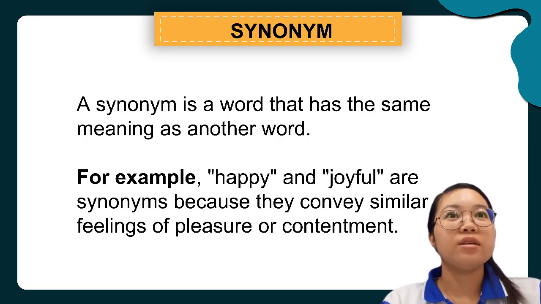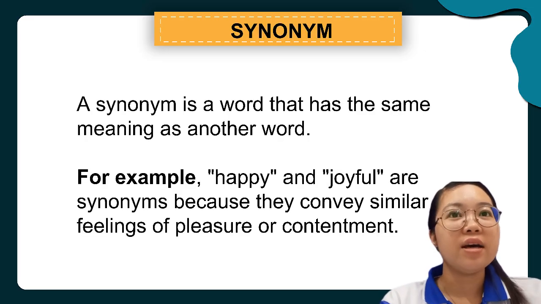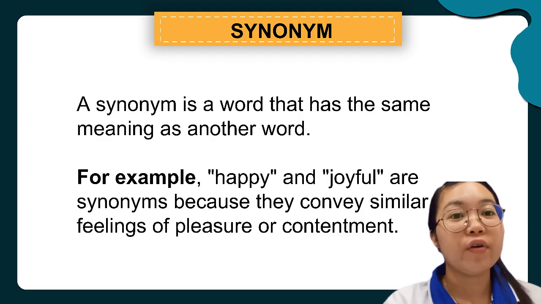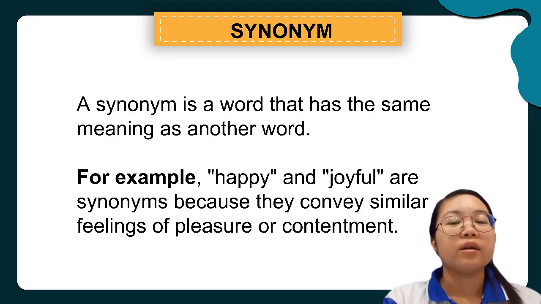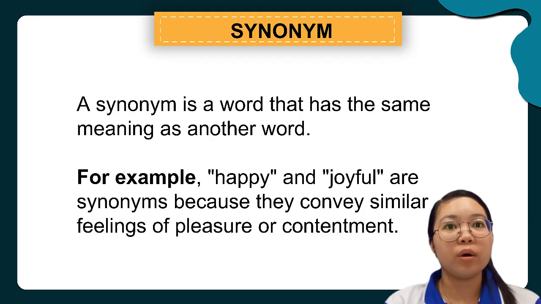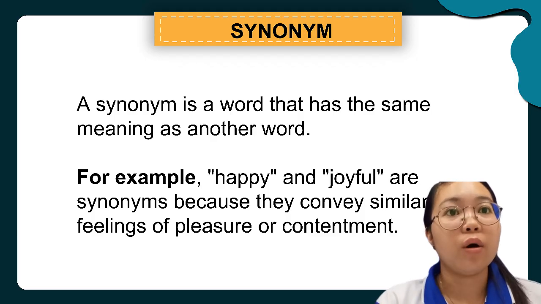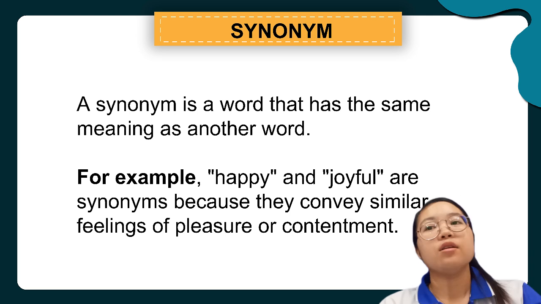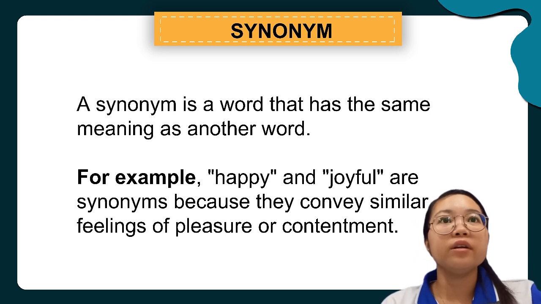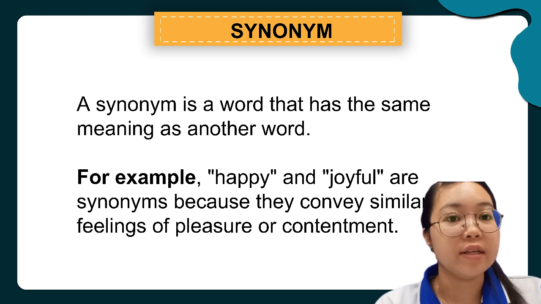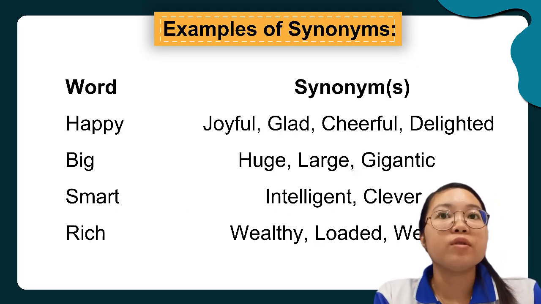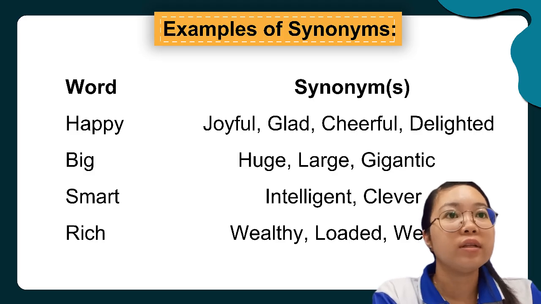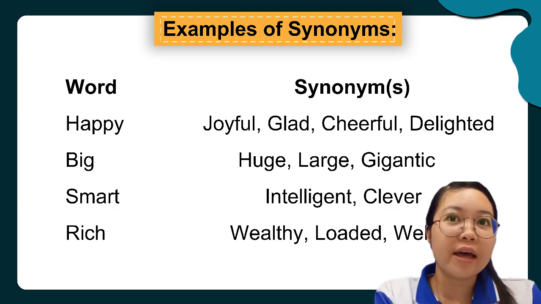A synonym is a word that has the same meaning as another word. For example, happy and joyful. These are synonyms because they convey similar feelings of pleasure or contentment. Now here are some examples of synonyms. The synonyms of happy are joyful, glad, cheerful, and delighted.